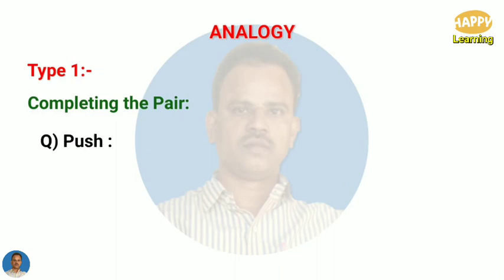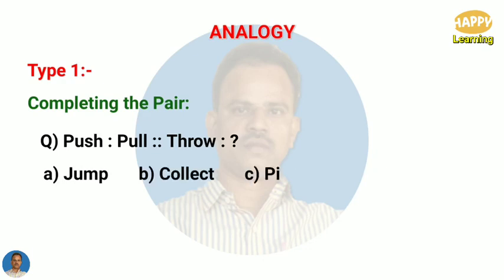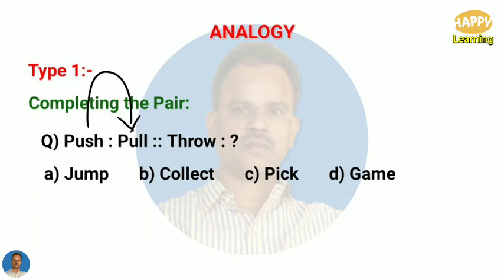Push is proportionate to pull is same as throw is proportionate to dash. Push is proportionate to pull. Push and pull are opposite words.